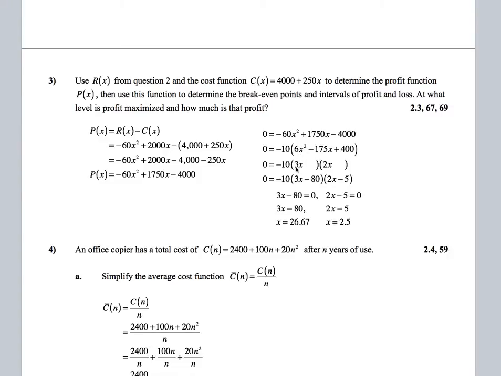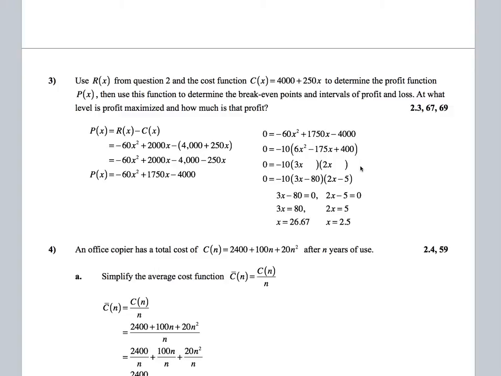And here I have shown that the two binomial factors, absent the negative 10, are going to be 3x plus or minus some number and 2x plus or minus some number.